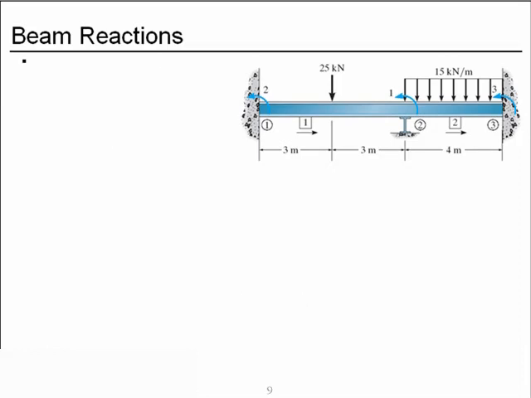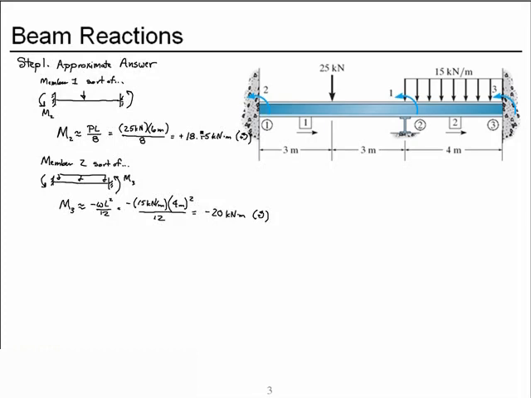Now step 6. Let's compare results, and we'll do that so that we can evaluate the reasonableness of our stiffness method results. From our approximate analysis, we found the moment at degree of freedom 2 would be approximately 18.75 kilonewton meters, and that's positive, meaning counterclockwise.